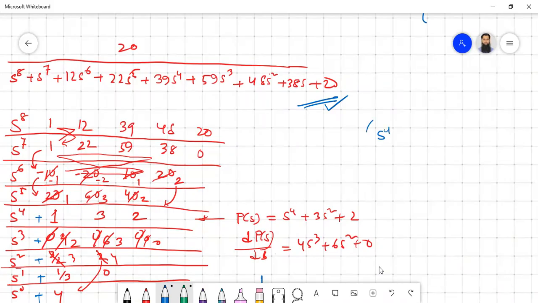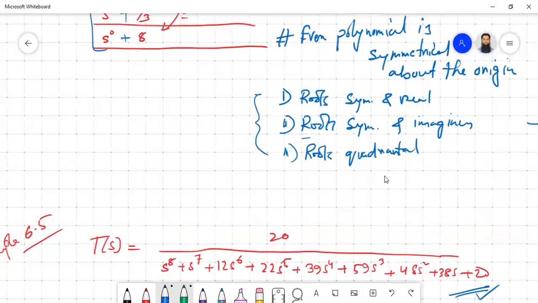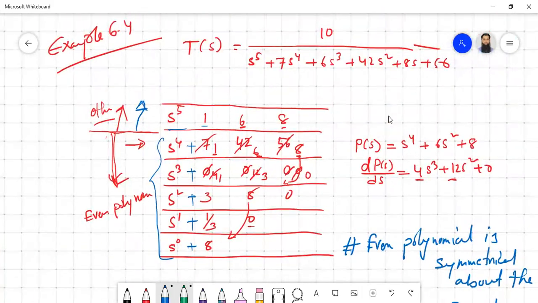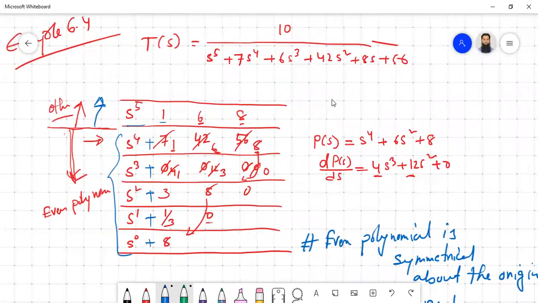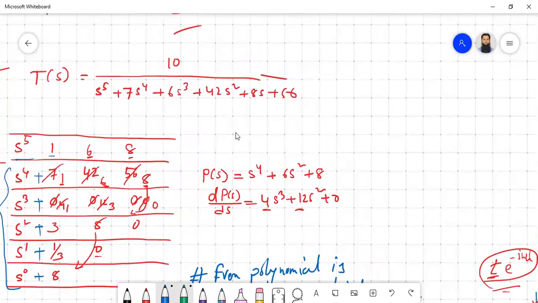So two s to the power 4 polynomials, multiplication of that will give us the s to the power 8 equation. So even though you can factorize this one, it will not give us a very good result. Rather, we can apply it here, which is simpler, and it will make us figure it out easily.